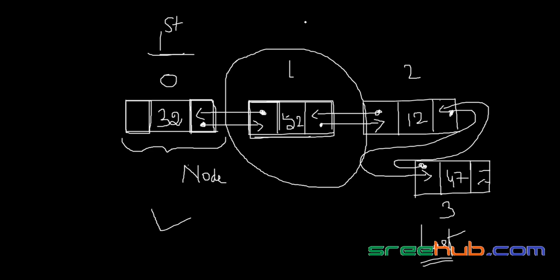This node, this node and this node. Practically only 2 nodes, which is 0th and 2nd. Whenever I want to remove this, I am actually removing this bond, so the 32 will be saved here, and the 12th item will be saved here. That's it. And this node will be removed.